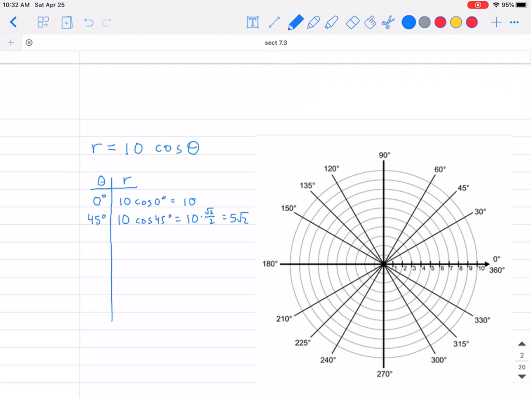So the answer is equal to 5 root 2. Taking a few more, as many as you need to. At 90 degrees, you are going to get 10 multiplied by the cosine of 90, and that would give you 10 times 0, which is equal to 0, actually. Not 10.